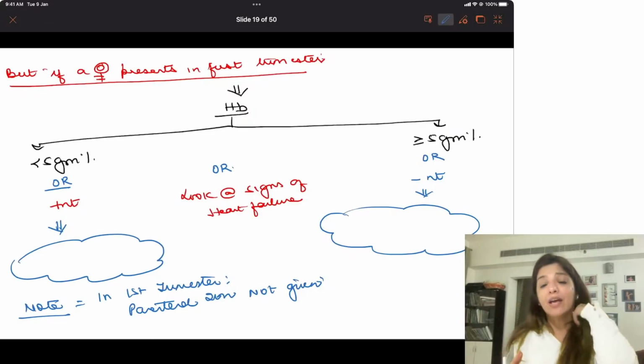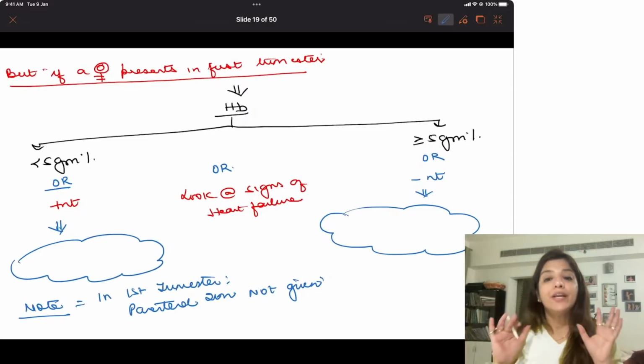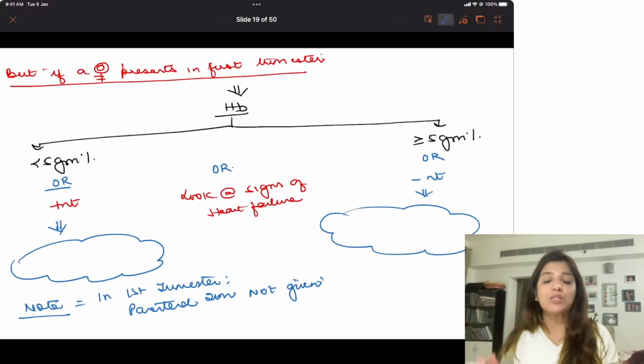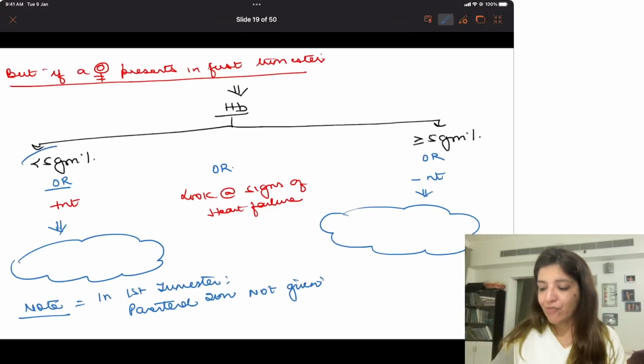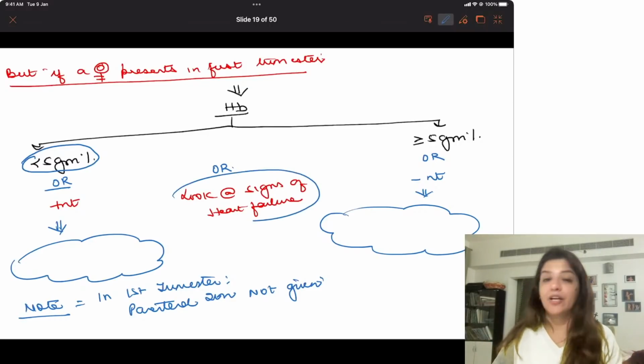So don't write that. Or a patient who's having active bleeding, you never give iron to them. That's very obvious. Understand what I am telling you now. If patient is coming to you in first trimester, you are never going to give parenteral iron. So, whenever a patient comes to you with anemia in first trimester, what you do? You have to see whether hemoglobin is less than 5 or whether signs of heart failure are present.